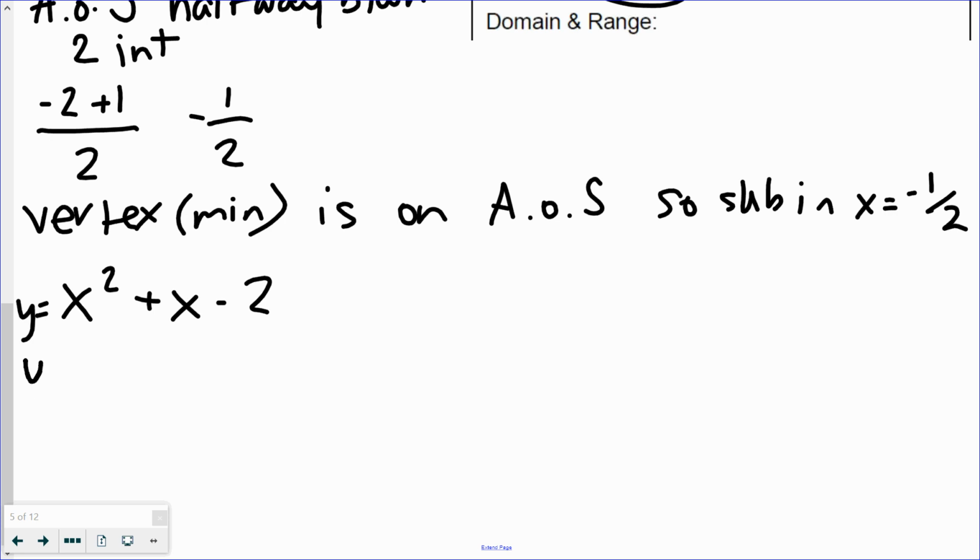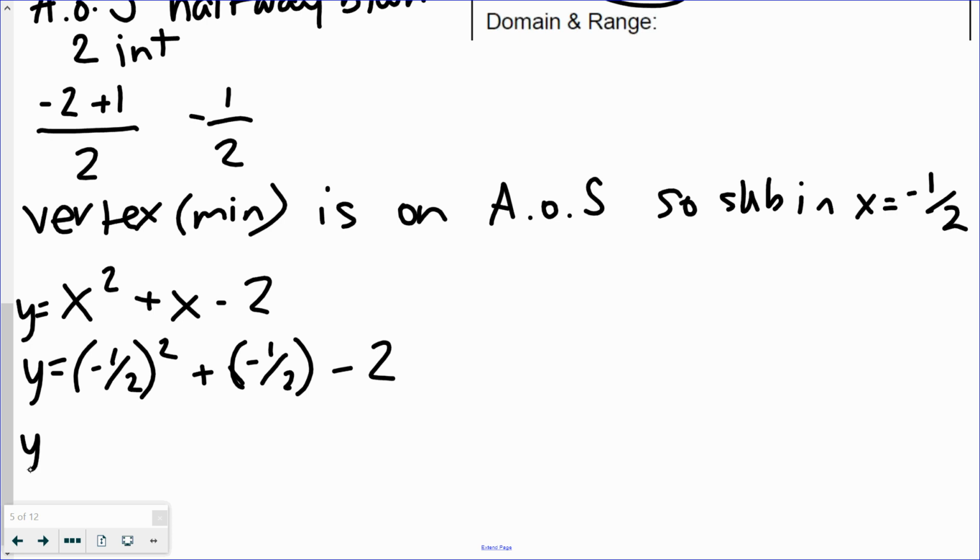So -1/2 squared plus -1/2 minus 2. Oh, let's see where my math is at with no calculator. So -1/2 squared will be +1/4 plus -1/2 is -1/2 minus 2.